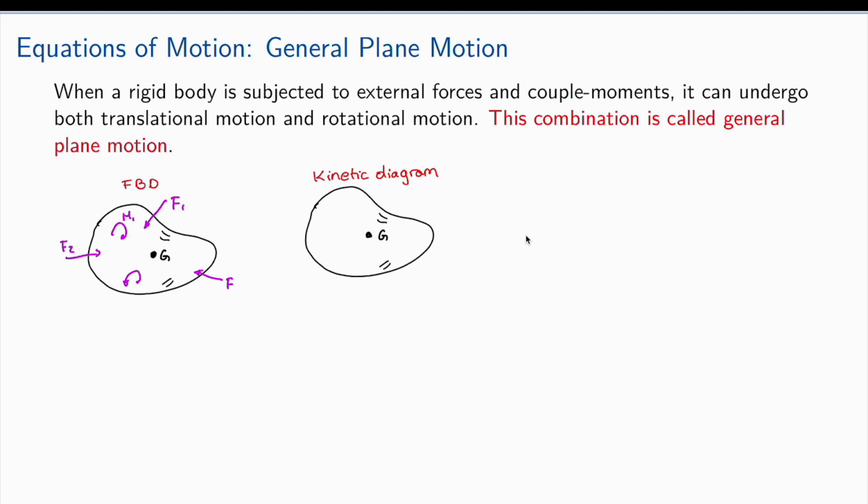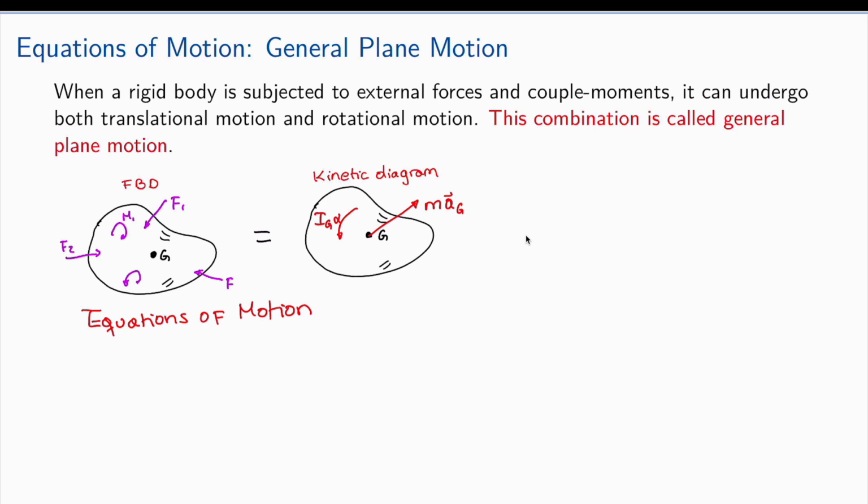So the sum of the forces and the sum of the moments have their equivalent in the kinetic diagram. So we have the mass times the acceleration of the center of mass, and we have the moment of inertia with respect to G multiplied by alpha. If we write the equations of motion, we can do it in the xy coordinate system.